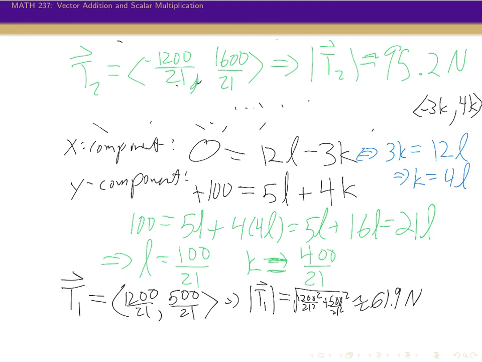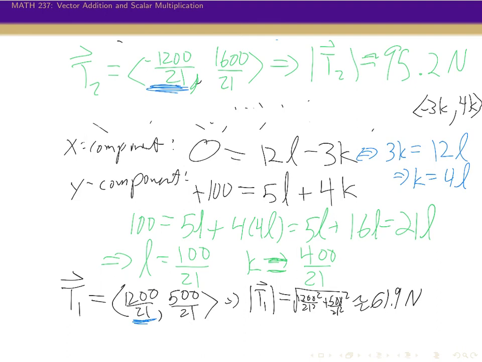Okay. And if you notice, the two tensions by themselves add up to more than the 100 newtons that gravity was pulling down. So what's this extra, more than 57 newtons going to? Well, it's going to the fact that T1 and T2 are pulling against each other to the left and right. We can tell that we did this right by the fact that the amount that T2 is pulling to the left is equal to the amount that T1 is pulling on the right.